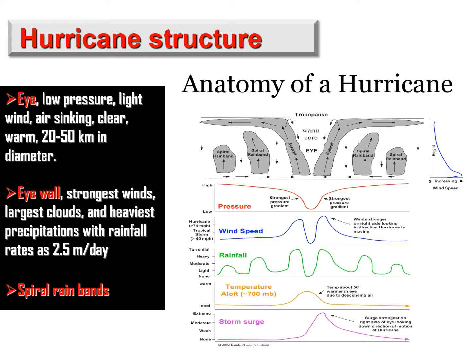Okay, so let's look at the details of the eye and eye wall. At the eye wall there is the strongest wind and heavy rain. Air is rising. Then water vapor condenses into liquid water. That's rain, and latent heat is released at the eye wall.